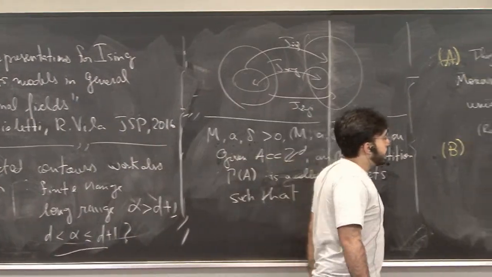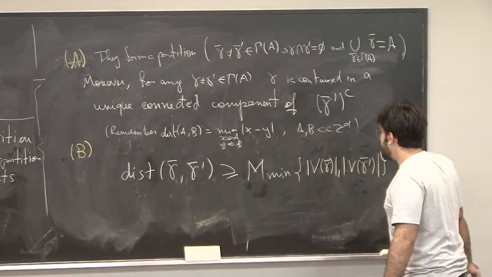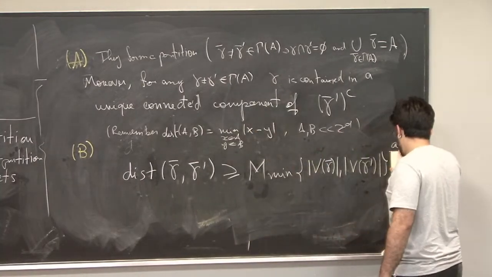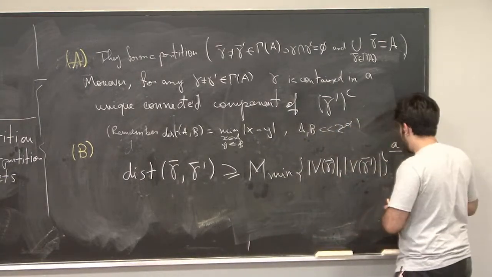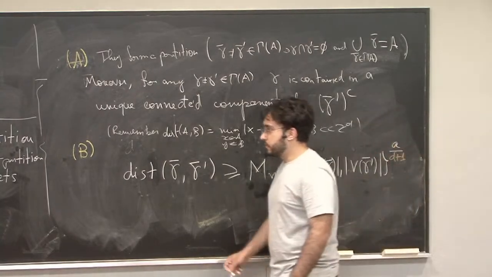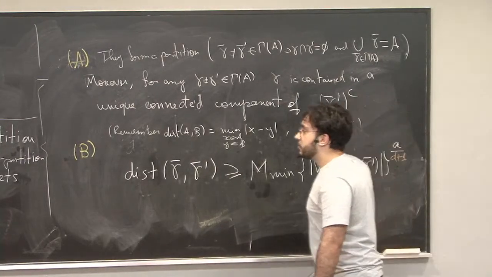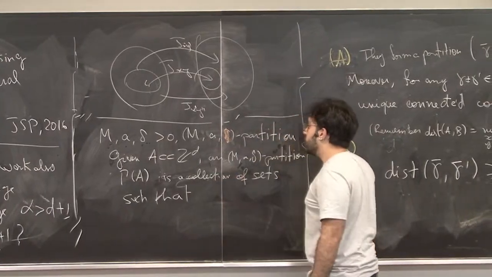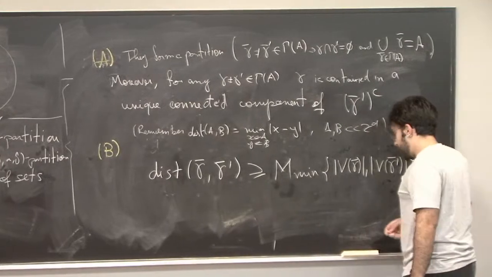Delta is a parameter that works in this definition, but in the applications, we take it to be d plus 1. That is sufficient. When delta equals d plus 1, we erase delta from this definition and call it just an MA partition.